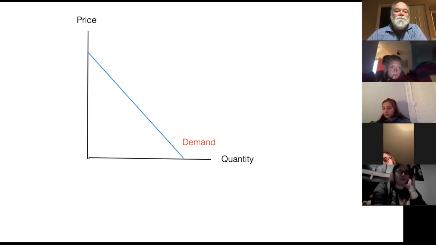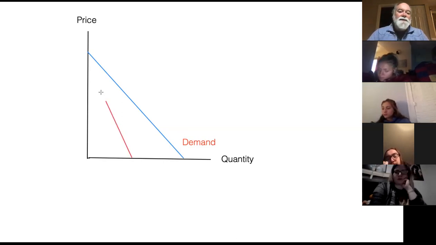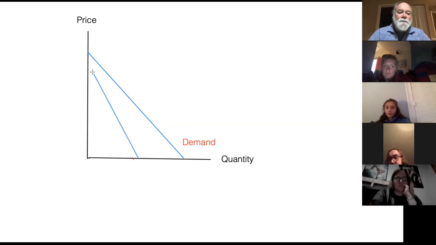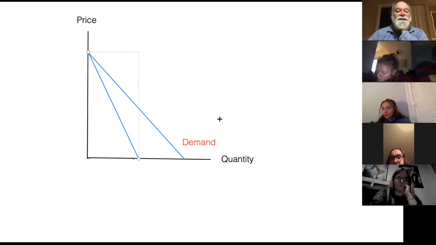So let me show you. This point here is halfway between the origin and where the demand curve hits. Pardon my math, but that is what it's supposed to look like.